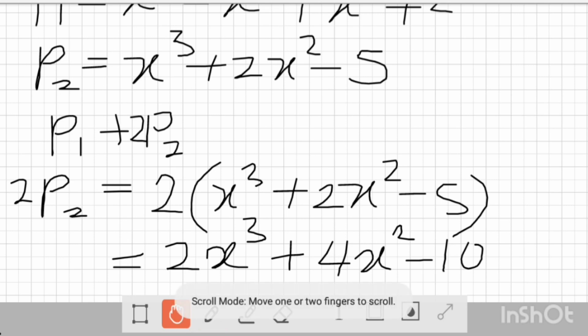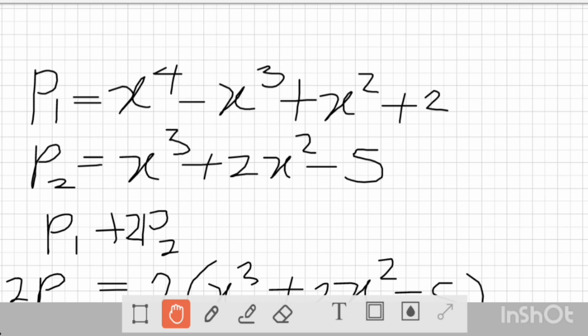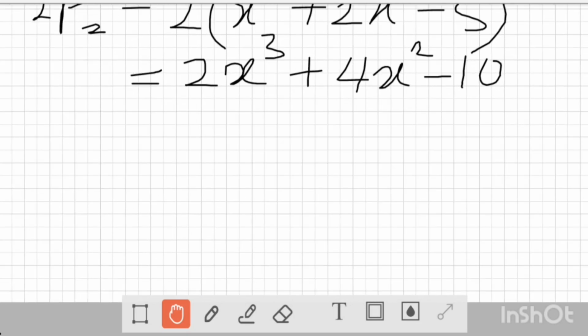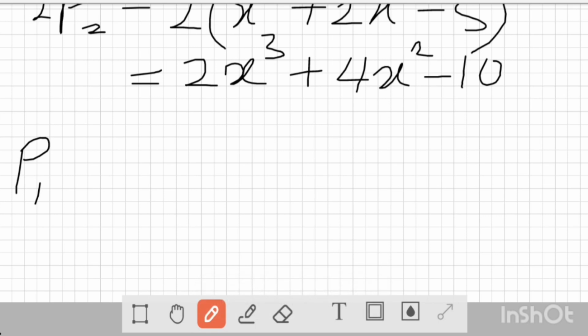Now the next thing we'll do is to add the first polynomial and the second polynomial together. Now the first polynomial at the top here is x raised to power 4 minus x raised to power 3 plus x raised to power 2 plus 2. So I'm going to rewrite it here. Don't forget, of course, we have P1 plus 2P2.